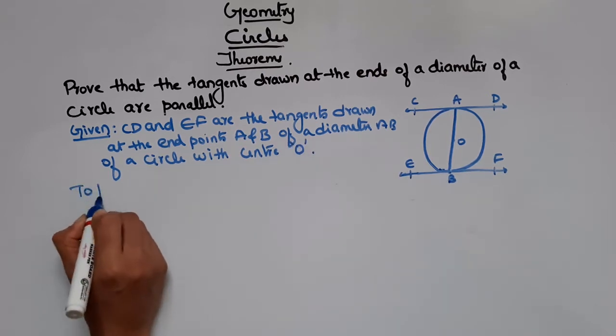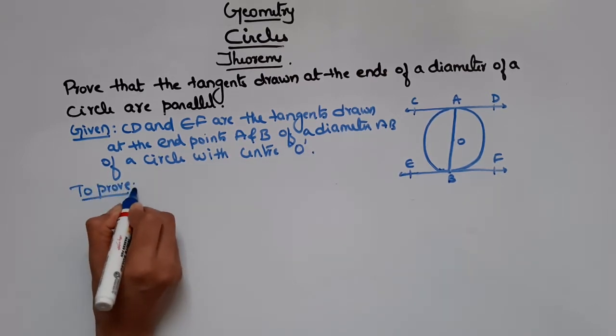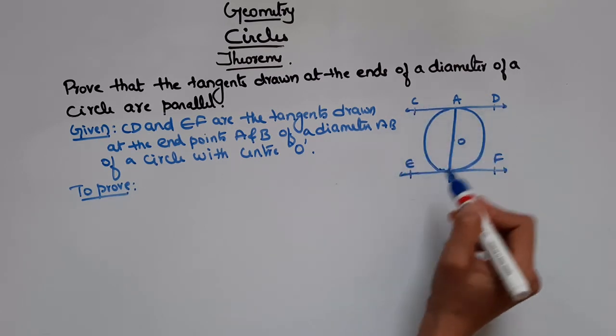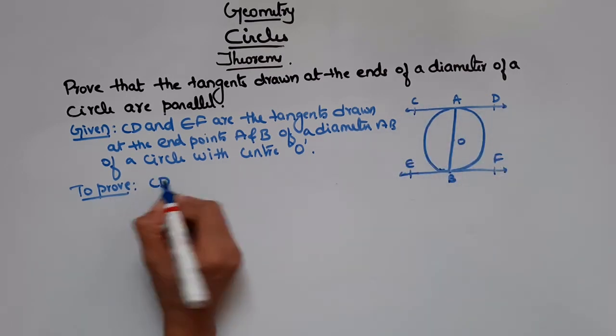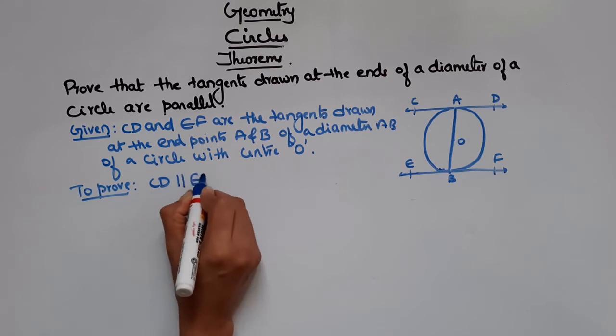So now what we have to prove? To prove is that tangent CD is parallel to EF. So what we have to prove? CD is parallel to EF.